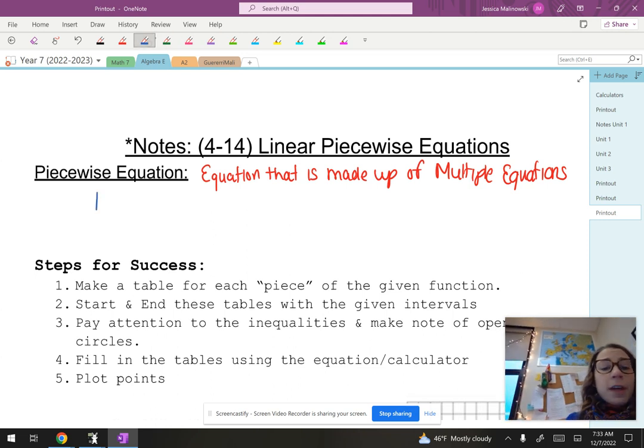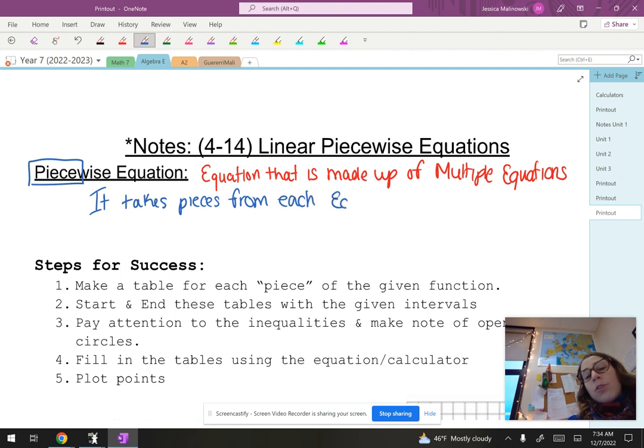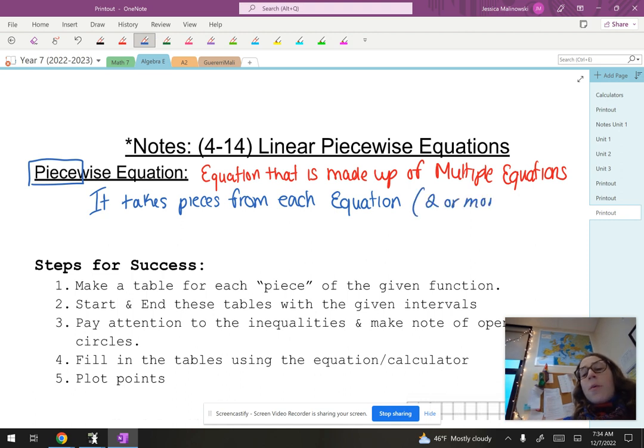And so going off of that, hence the name piecewise, what these things do is they take pieces from each equation. And when I say each equation, you could see two or more.